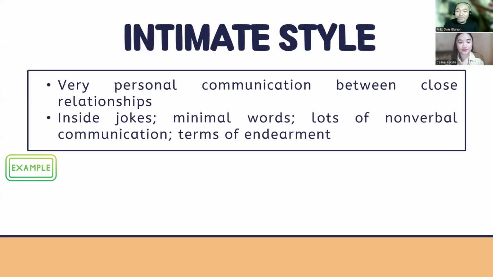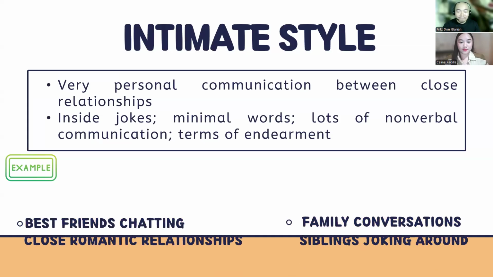Finally, the fifth style is intimate style. This is very personal communication between close relationships. You will hear inside jokes, minimal words, lots of nonverbal communication, and terms of endearment.